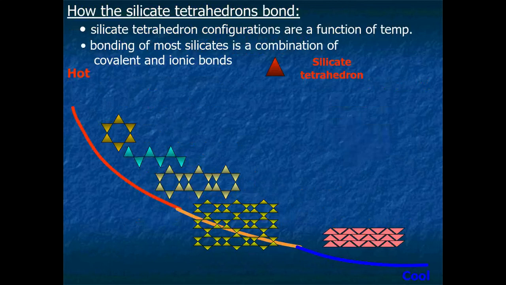And we're going to go through a temperature curve, and I'm going to show you how the silica tetrahedron rearranges itself as a function of temperature to form various and different kinds of silicate minerals. So what we have here, where my arrow is, is what we call a silica tetrahedron. So this is your typical silica tetrahedron, and I purposely have drawn it in a triangle fashion because that indicates the structure of the tetrahedron.